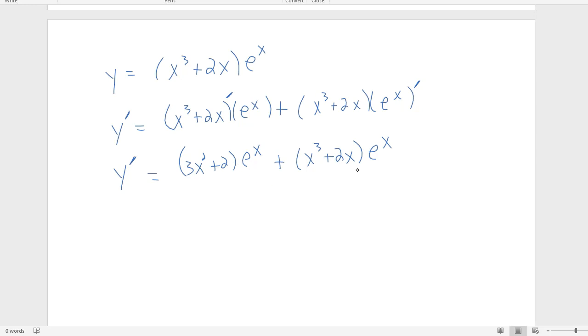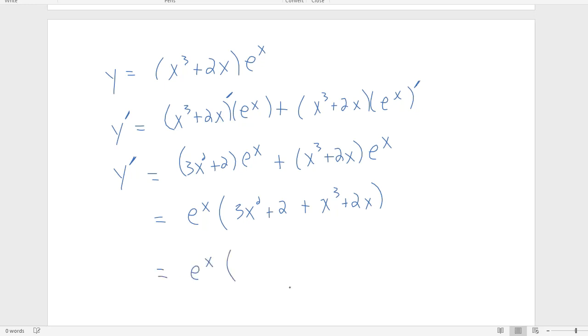So I have an e to the x that's common between these two terms. So what I'm going to do first is factor the e to the x out. So I'm left with 3x squared plus 2 from the first factor, and I'm left with x cubed plus 2x from that second factor.